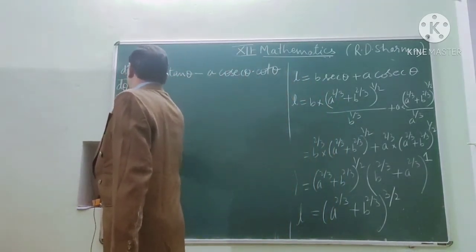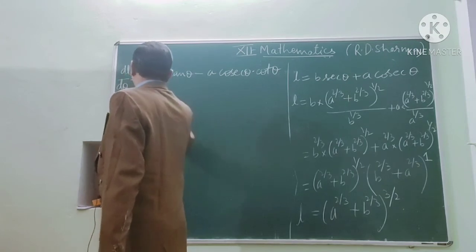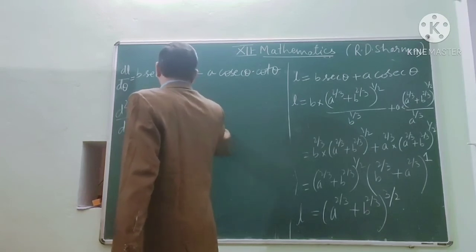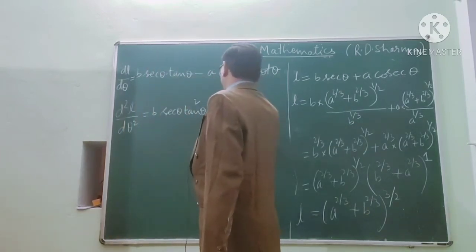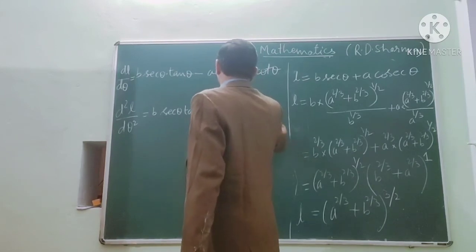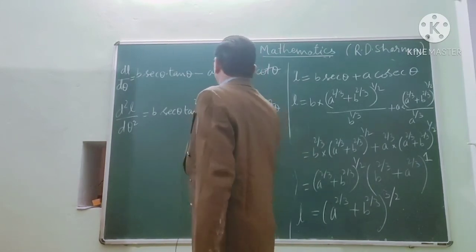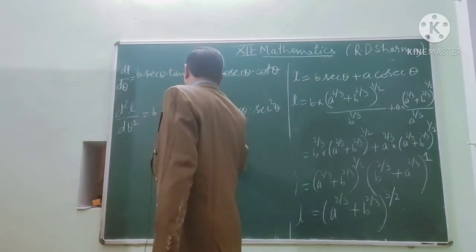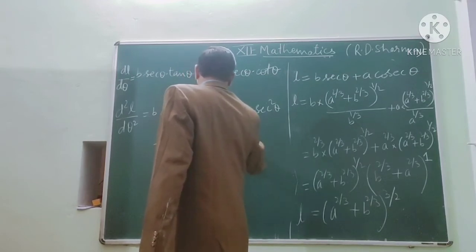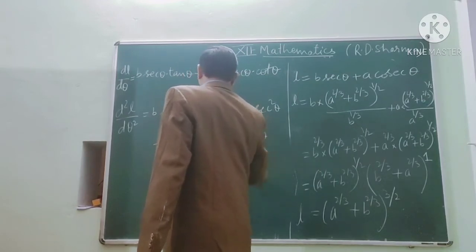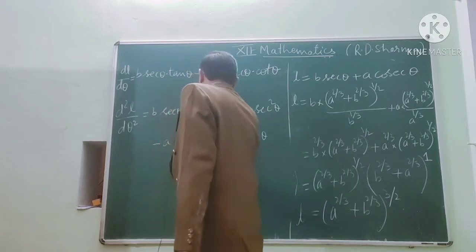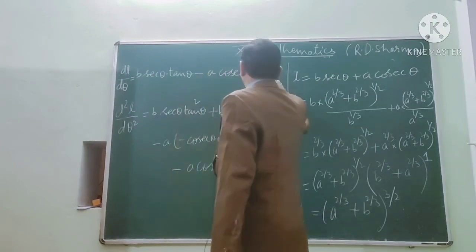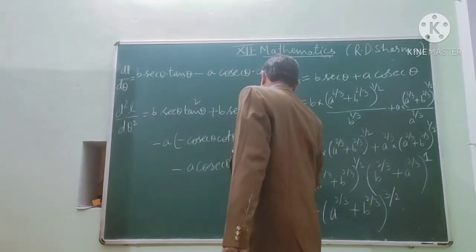So d2L/dtheta square equals b, derivative of sec theta is sec theta tan theta, so it is tan square theta, plus b sec theta, derivative of tan theta is sec square theta, minus a, derivative of cosec theta is minus cosec theta cot theta, then cot theta as it is, minus a cosec theta as it is, and derivative of cot theta is minus cosec square theta.